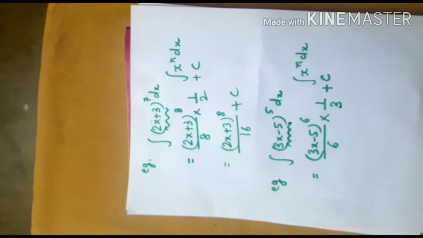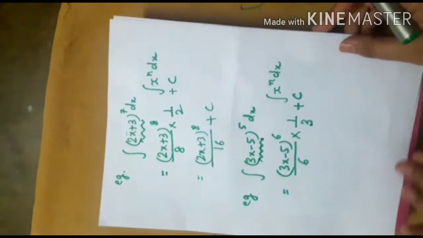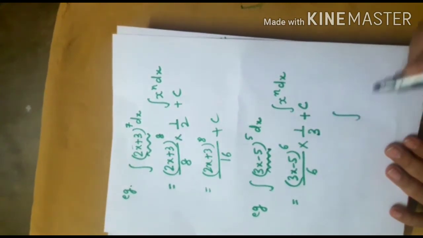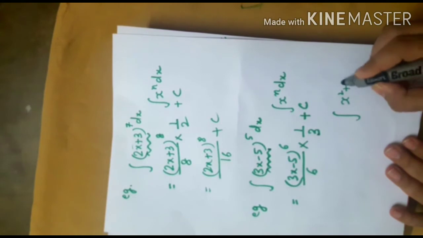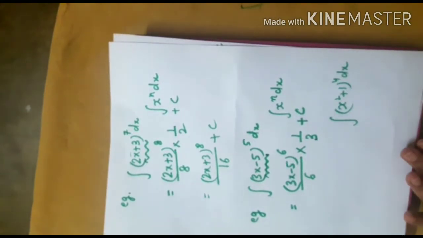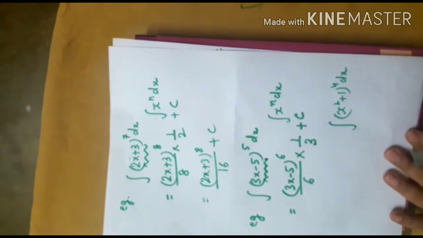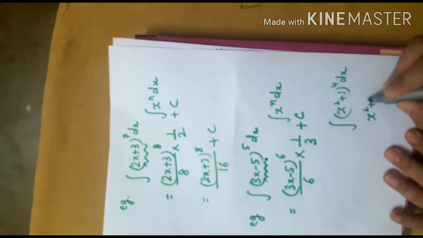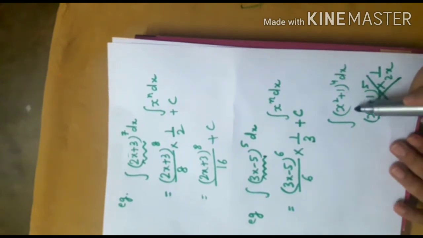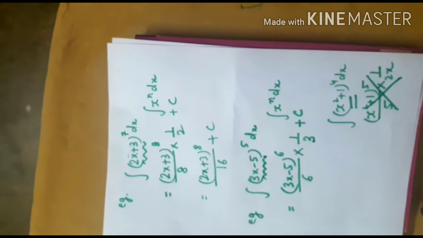That means if you are to evaluate (x square plus 1) whole raised to the power 4, you cannot write this as (x square plus 1) raised to the power 5 whole divided by 5 into 1 over the derivative of this. This is wrong. The derivative of x square plus 1 is not constant.